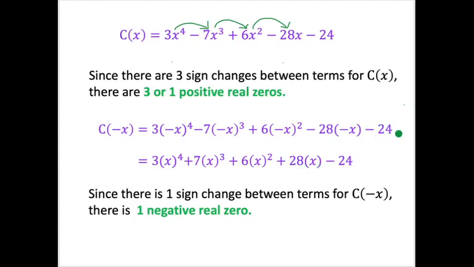So if you notice here, we only have one sign change, right? This is positive to positive, positive to positive, positive to positive, and then we have positive to negative. So only one sign change. Since there is one sign change between terms for c of negative x, there is one negative real zero.